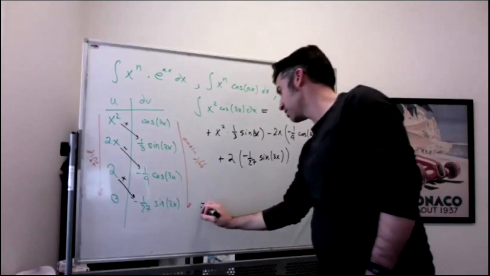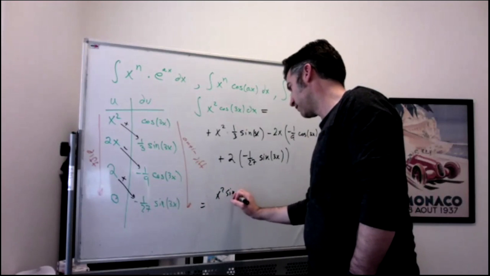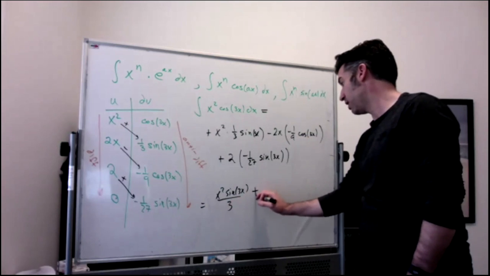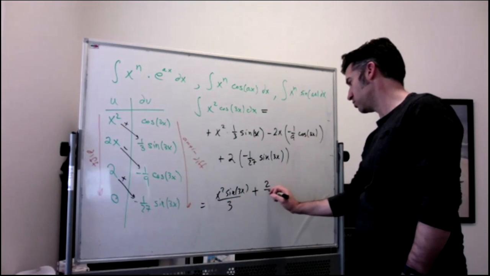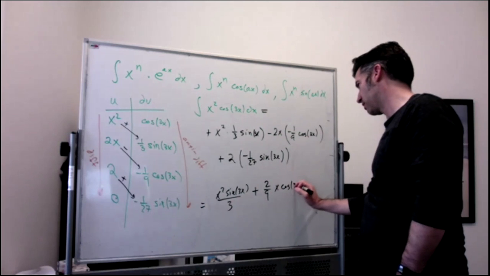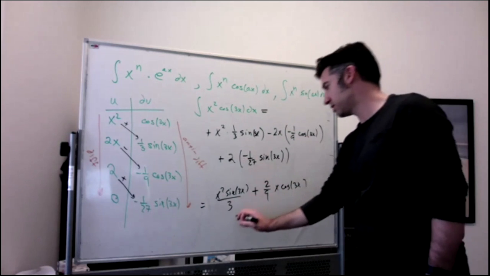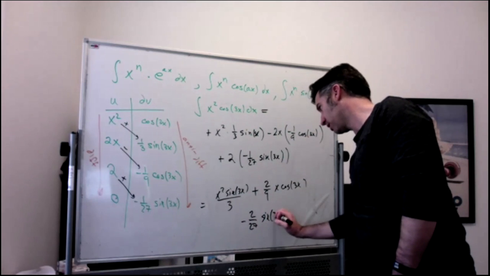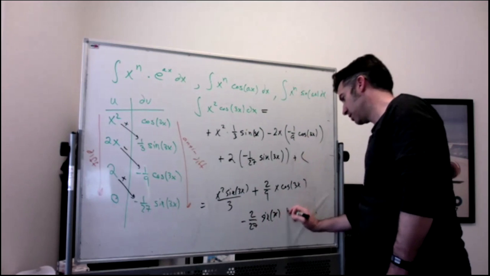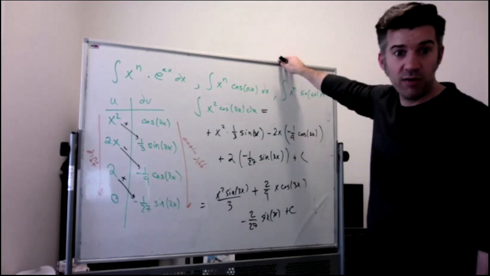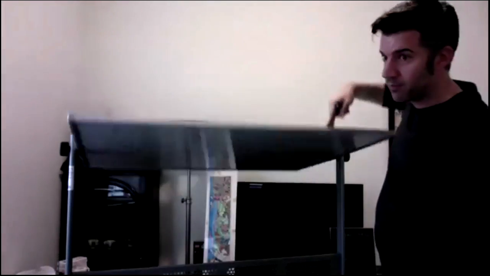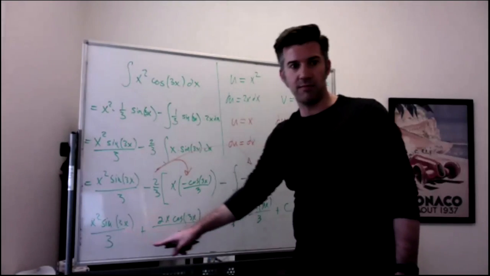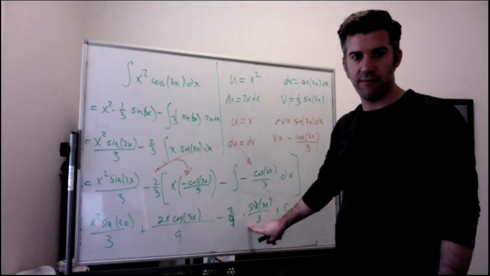Ends up being x squared sine of 3x over 3 plus 2/9 x cosine of 3x minus 2/27 sine of 3x plus c. If you look back at our previous answer, same stuff. That's 2/27.